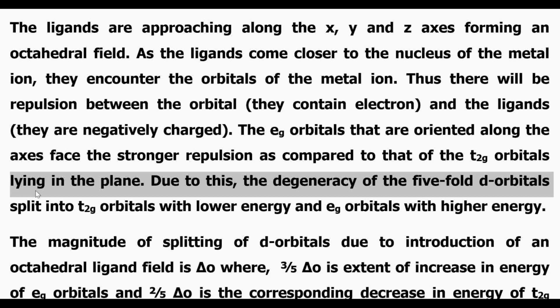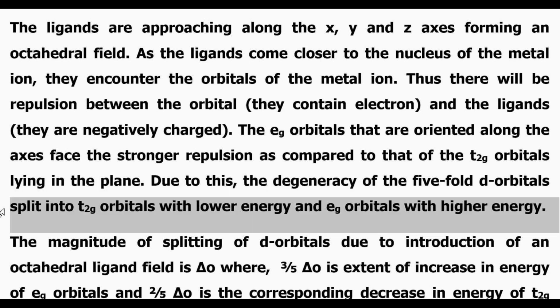So due to this, the degeneracy of the 5-fold d orbitals will split into T2g orbitals with lower energy and Eg orbitals with higher energy. The Eg orbitals will face greater repulsion, and therefore the more the repulsion, the more the energy and the less the stability.